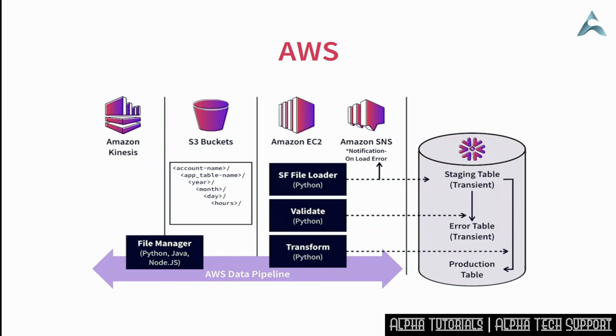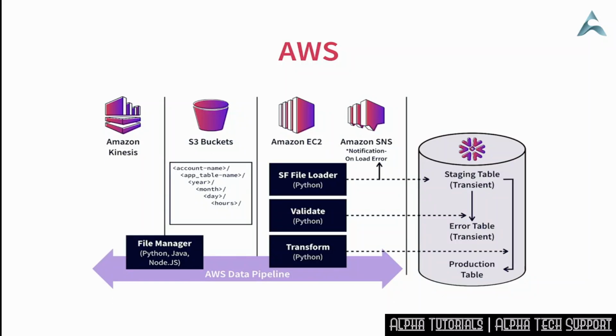Do you remember transient versus temporary? The difference is, of course, temporary is persistent for the session. Transient is until dropped, but it's different than a permanent table, which is the default, in that it does not have the failsafe, which is built in to the permanent. It's cheaper too. So staging table, error table, and production table, which would be permanent.